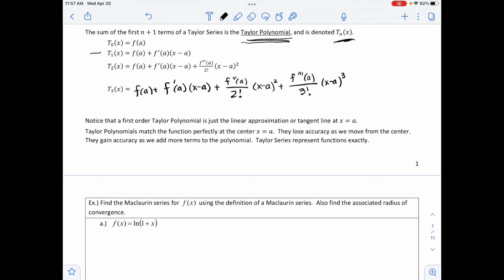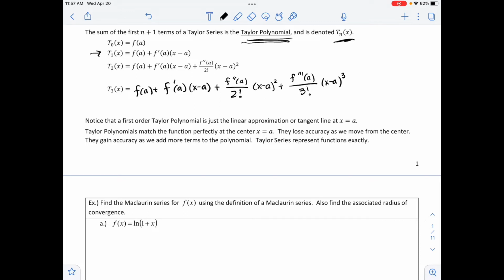And if you note, this is exactly what we saw back in Calculus 1 for finding a tangent line. And so the first order Taylor polynomial is just that approximation that we use to find a tangent line at x equals a. And then T sub 2 of x is equal to f of a plus f prime of a times x minus a plus f double prime of a divided by 2 factorial times x minus a squared.